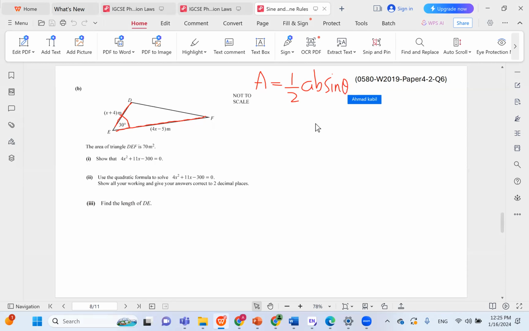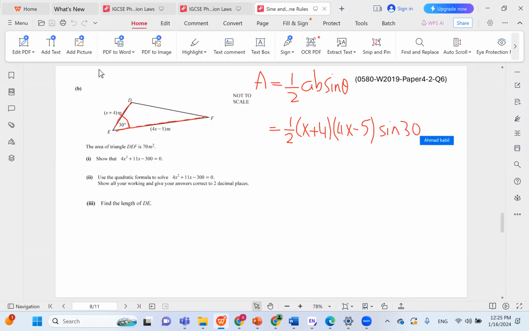So all we have to do here is apply half AB sine theta. So just half, and then A would be x plus 4. And then B would be the other side here, which is 4x minus 5. And then multiplied by sine 30.